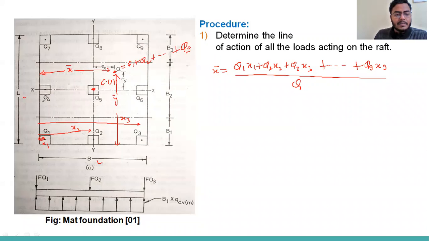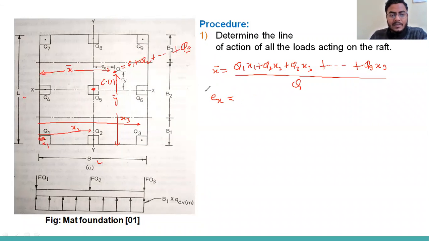Similarly, this will be X4, X5, X6. Now we can calculate X bar, so we can also calculate EX, the eccentricity in X direction.